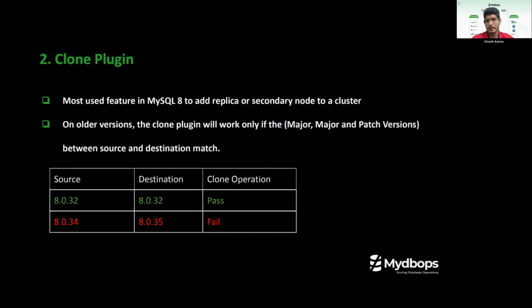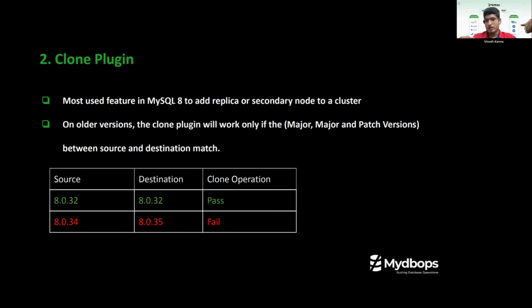And the second interesting feature is the clone plugin improvements. The clone plugin is one of the most used and most interesting features of MySQL 8 to add replicas or a secondary node to a DB cluster. On older versions, the clone plugin will work only if the major version, minor version, and patch versions between the source and the destination, which is going to get cloned, match, right?